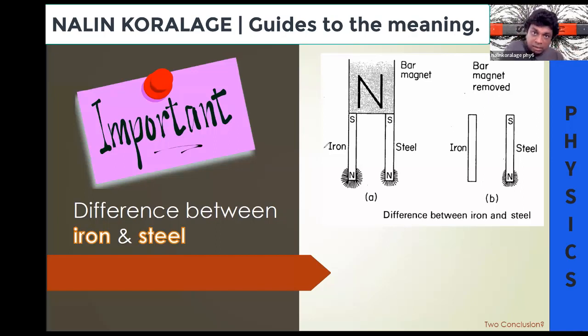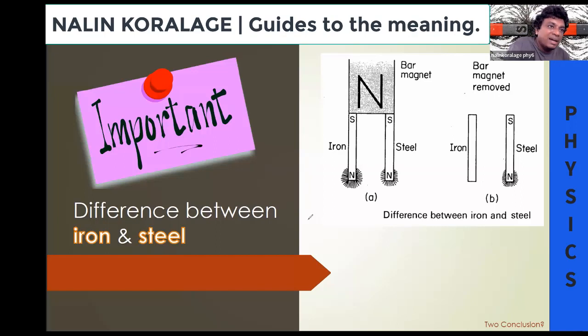Whereas steel can become a magnet, but not that easily as iron. Once steel has become a magnet, that magnetism lasts longer than that of iron. So iron can be magnetized relatively easily. Steel is a little harder to make into a magnet, but once magnetized, that magnetism prevails for longer time periods than that of iron.